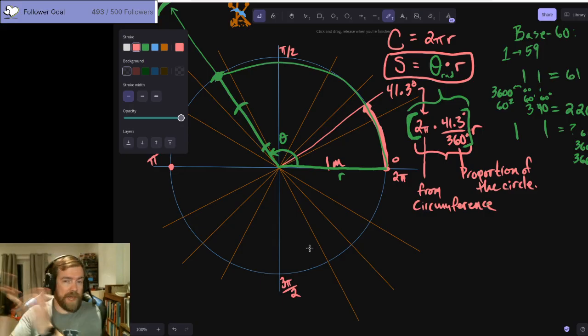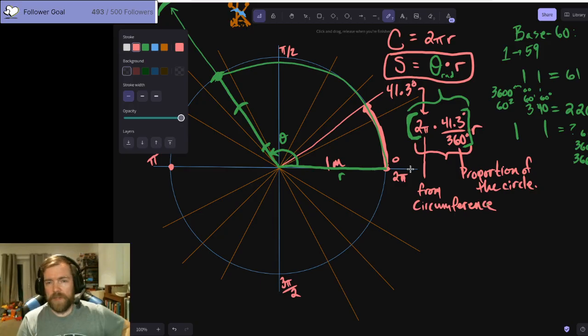So we're just going to count and then use the units that we're breaking up the circle into. If we have just pi's, there's 1 pi and there's 2 pi. If we do pi's on 2, that's 1 pi over 2, 2 pi over 2, 3 pi over 2, 4 pi over 2. 4 pi over 2 is 2 pi.